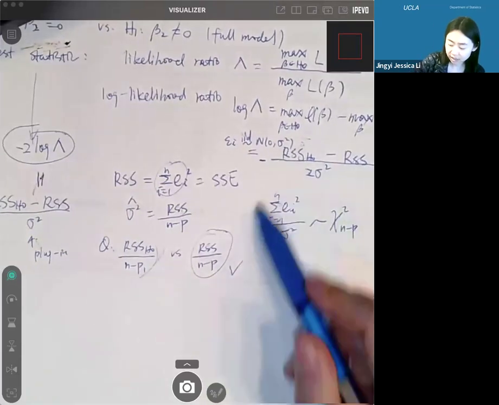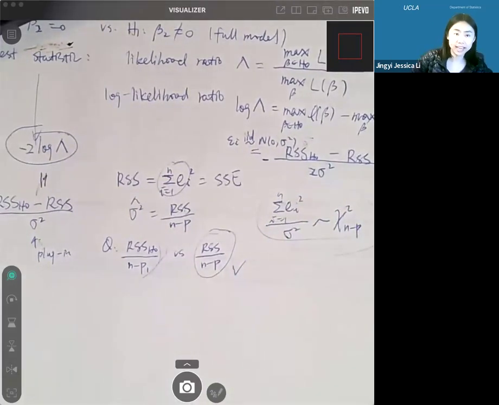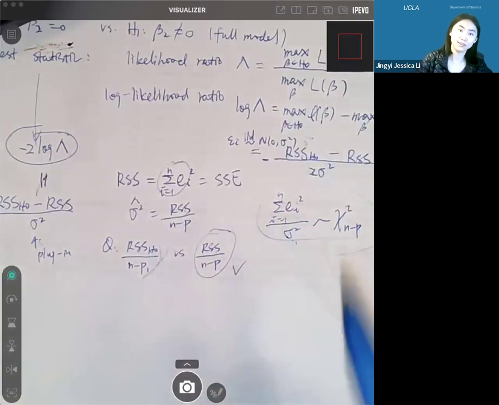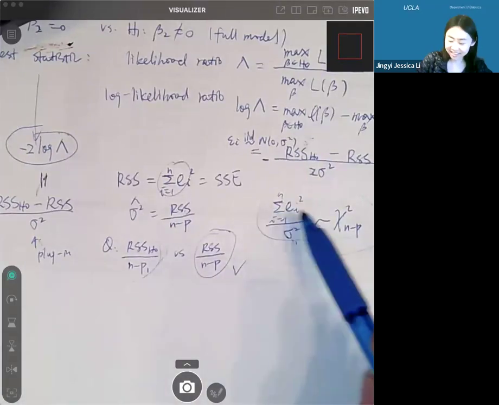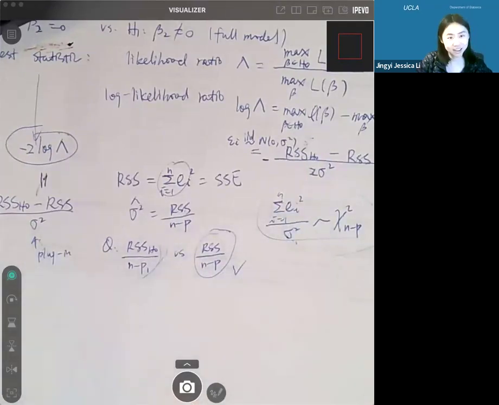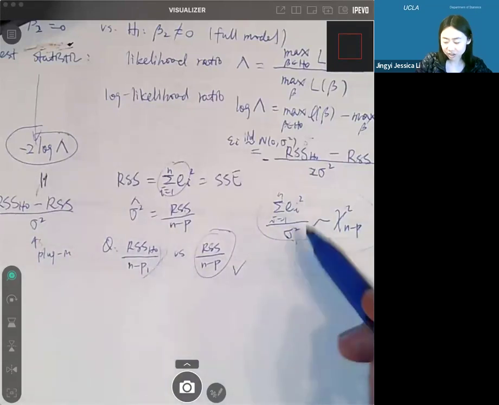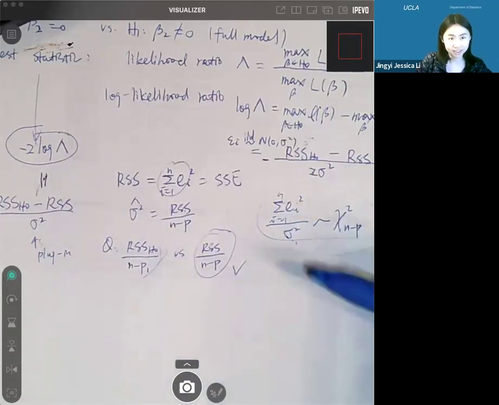This result is the key to derive the asymptotic null distribution, but it relies on the true model. And here, the true model is still assumed to be the full model. So that's why this holds. But if we use the constraint model, which is not a true model, we wouldn't have this following chi-square n minus p1. I think that's the fundamental reason for this mathematical derivation.